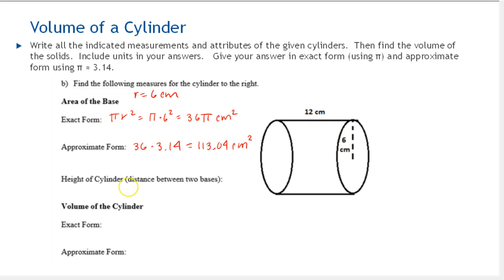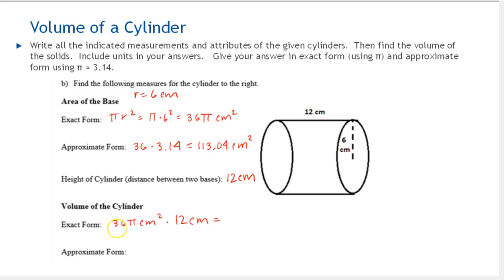Now the height of the cylinder, again, is the distance between the bases. Here's one base, there's the other, and we're given the distance is 12 centimeters. Our volume is the area of the base times the height. In exact form, we have 36 pi centimeters squared times 12 centimeters.